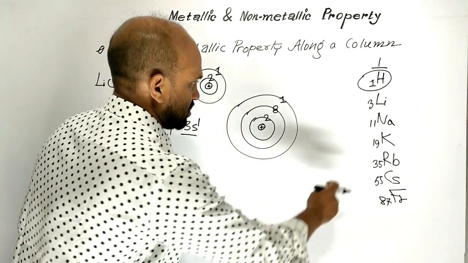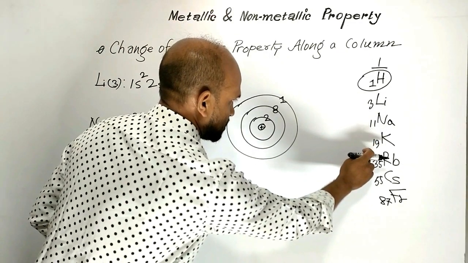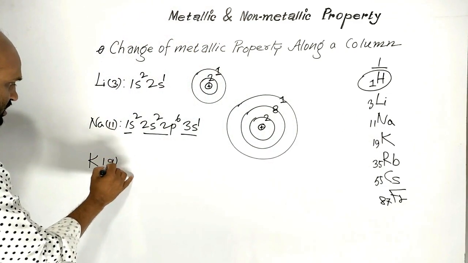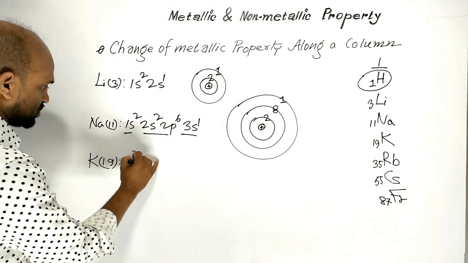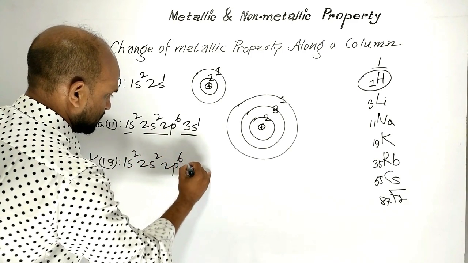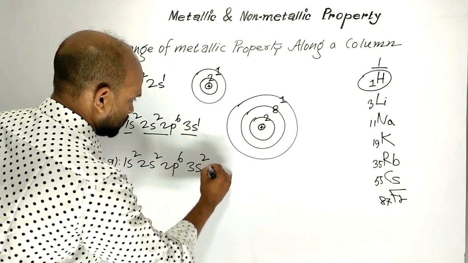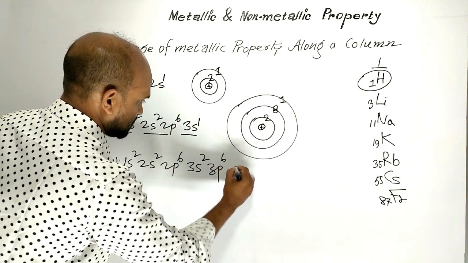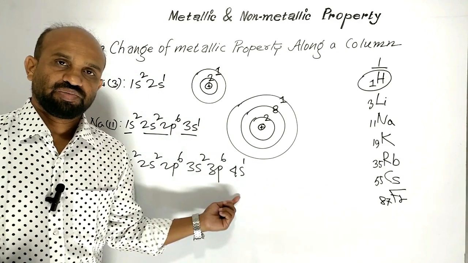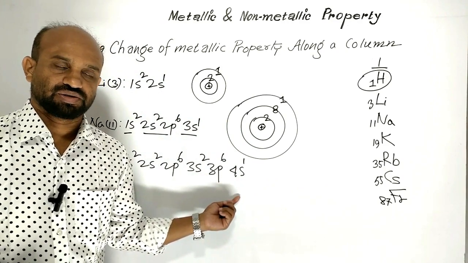Again, let's see electronic configuration of potassium. Potassium 19. 1s2, 2s2, 2p6, 3s2, 3p6, and 4s1. Potassium has 4 energy levels.